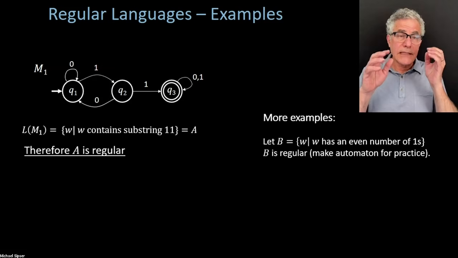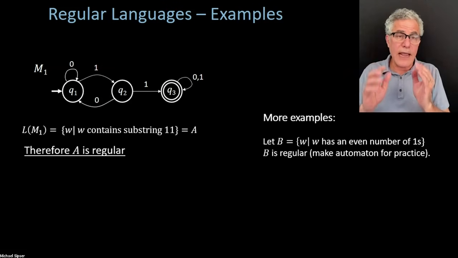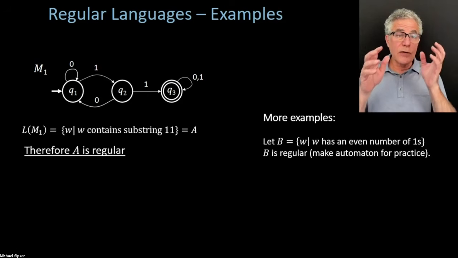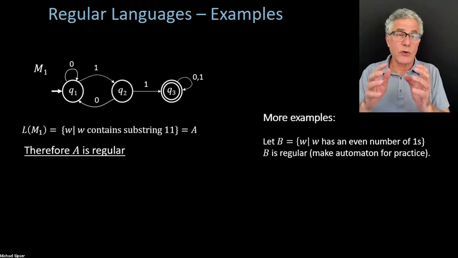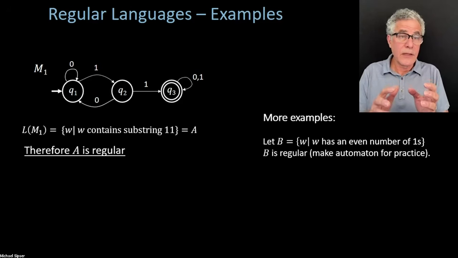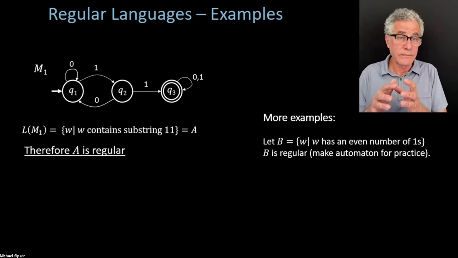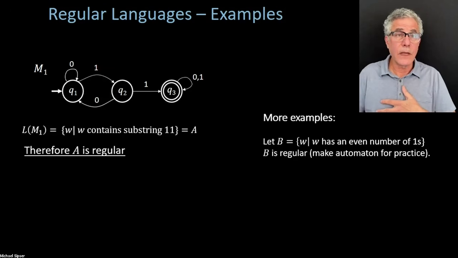There are going to be several different possibilities that you may have to keep track of as you're reading the input, and there's going to be a state associated with each one of those possibilities. So if you're designing an automaton, you have to think about what things you have to keep track of as you're processing the input, and you make a state for each one of those possibilities. Okay, so you need to get comfortable with that.